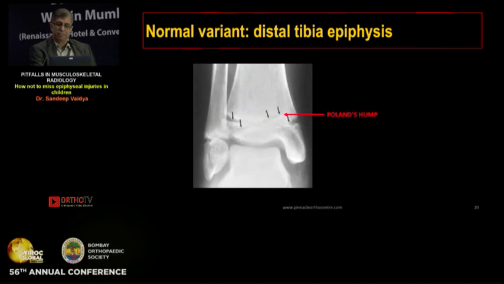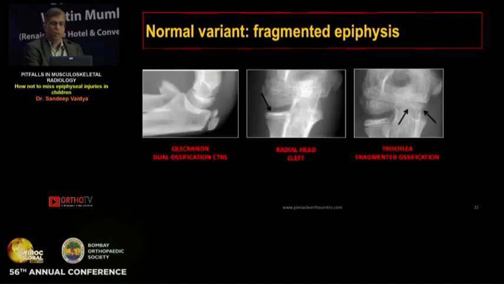It is often misdiagnosed as a fracture. The ossification centers of the olecranon, radial head, and trochlea often ossify by multiple small ossific nuclei, which then coalesce to give rise to a single ossification center, and failure to realize this can give rise to a mistaken diagnosis of fracture.